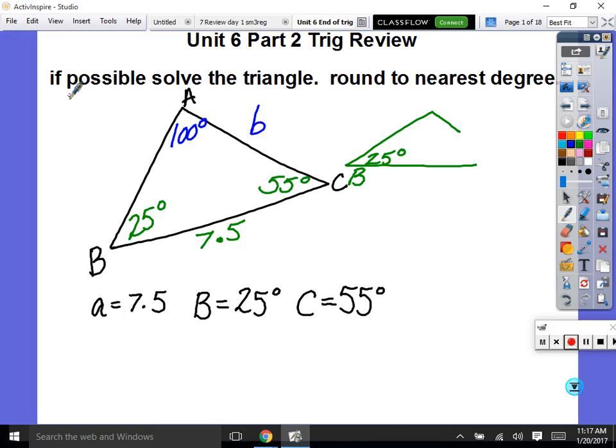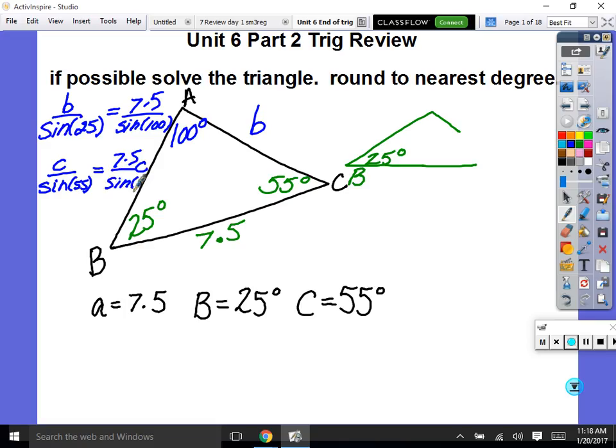So we would say B over sine of 25 equals 7.5 over sine of 100, right? And then we would also do side C as well. So we would say C over sine of 55 equals 7.5 over sine of 100. And then just use algebra to solve for B and C.